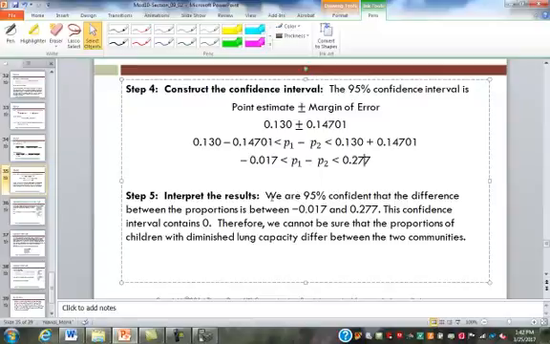But we're not really hypothesis testing here, so we would just say we're 95% confident that the true difference in the population proportions is between negative 0.017 and positive 0.277. And they are saying, since this contains 0, we cannot be sure that the proportions of children are really different.